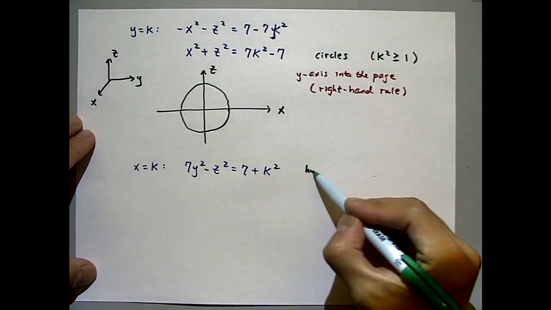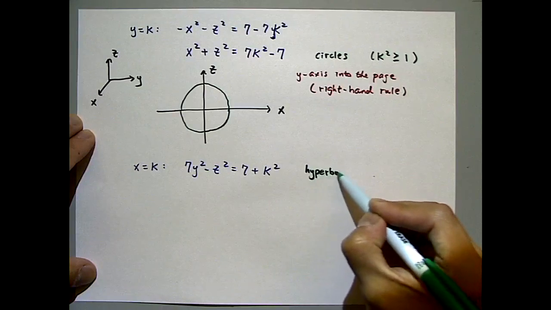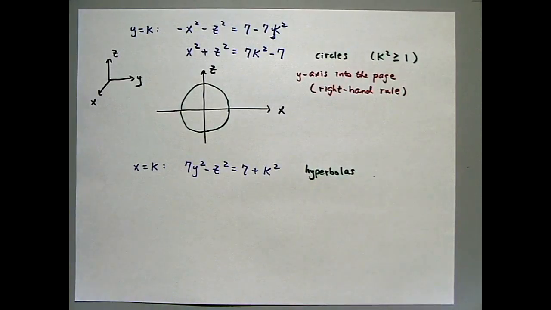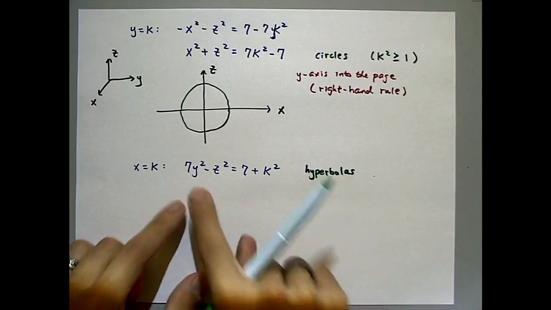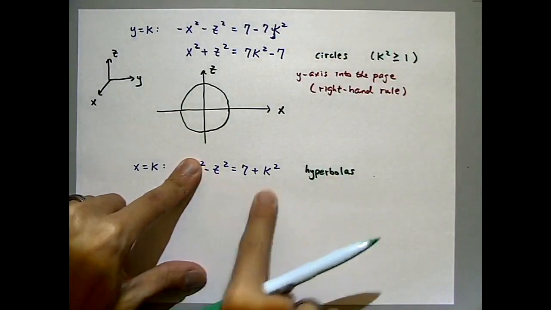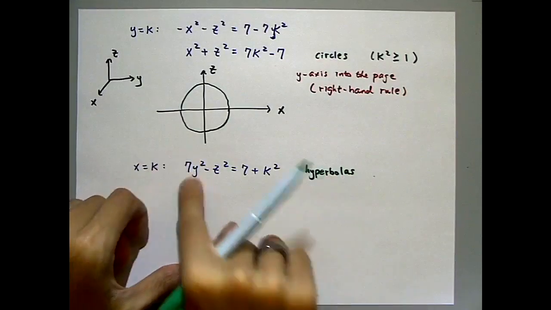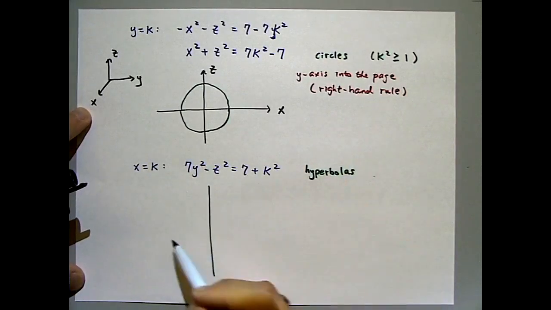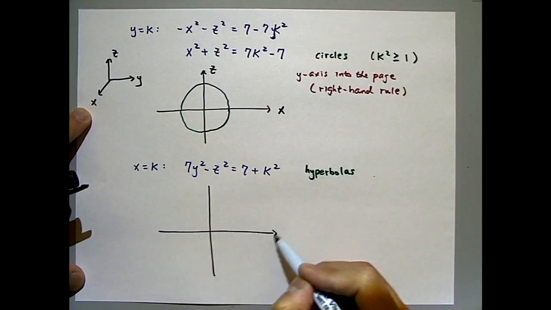Hyperbola, good. Which axis do the hyperbolas intersect? Y, right? Because if you let y be 0, you get negative equal to positive. That can't happen. So therefore, it tells you that the hyperbolas have to intersect the y-axis.